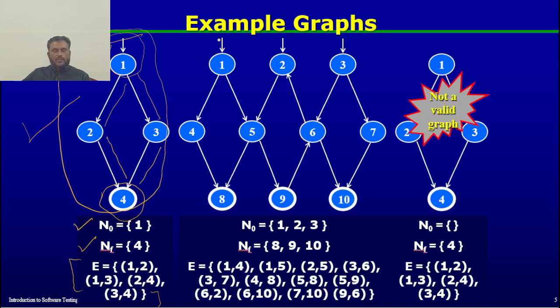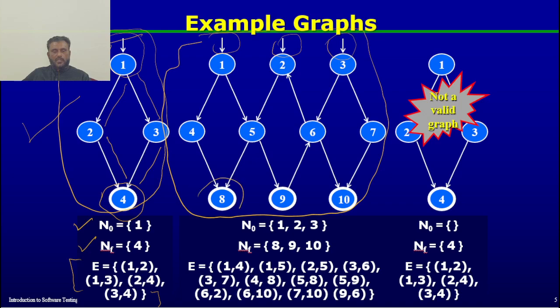Another example you can see on the right is this one. Here you can see that we have 10 nodes in the graph, and 3 of them are initial nodes. So it is possible that a graph has multiple entry points, and in the same way it has 3 final nodes. These bold-edged boundaries are telling us that these are the final nodes.